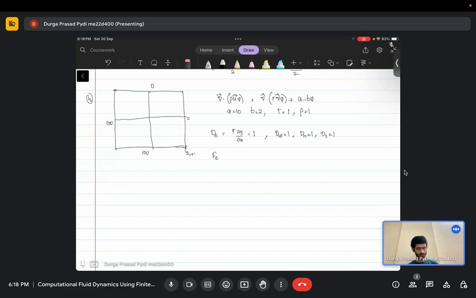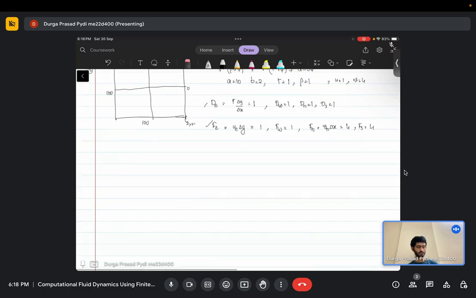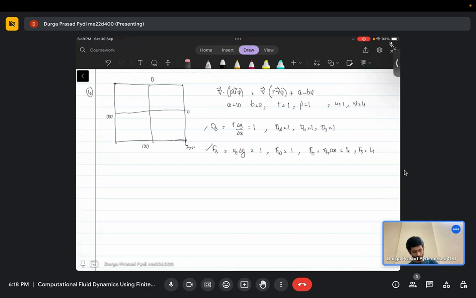So f east is u east times delta y. U is given as 1 and v is given as 4. So this will be 1. F west will be 1. F north is again vn times delta x, that is 4, and F south is vs times delta x. Now we have both the diffusion and convective coefficients. We are good to go with the other coefficients. So we have A east.